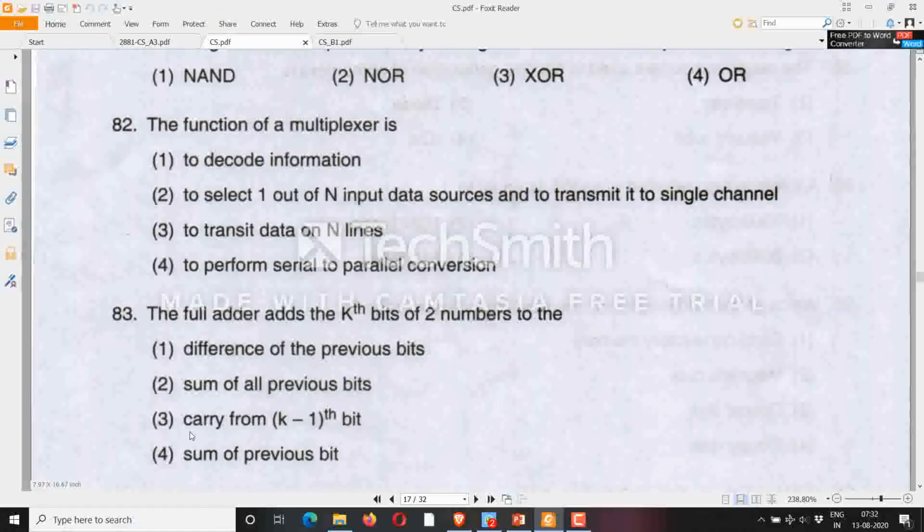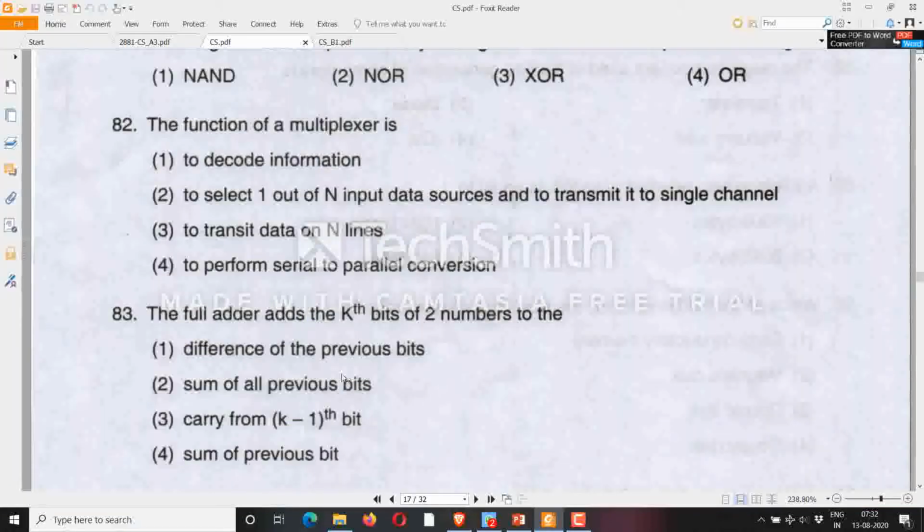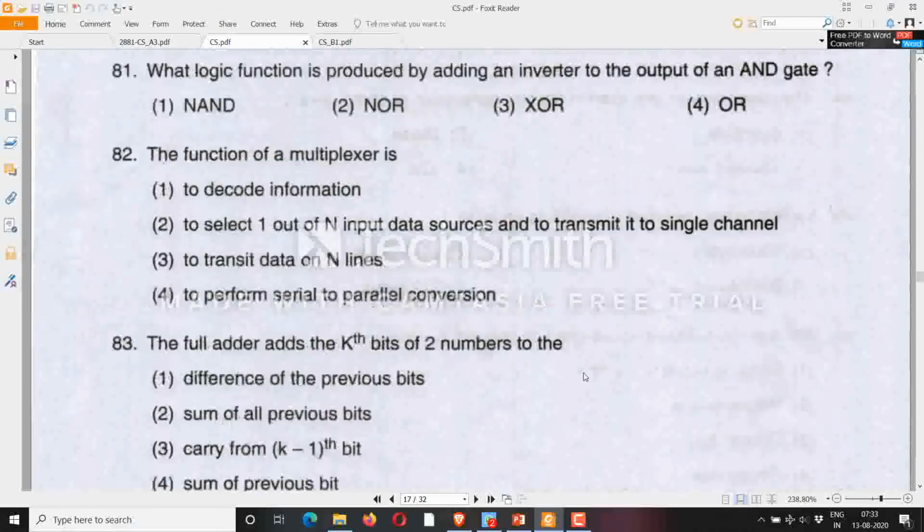I am adding it to the carry from the k minus 1th bit. If you look at this PPT, you can see here A, B, C in. So the answer for this is, the two bits of two numbers are added to the carry from the k minus 1th bit.